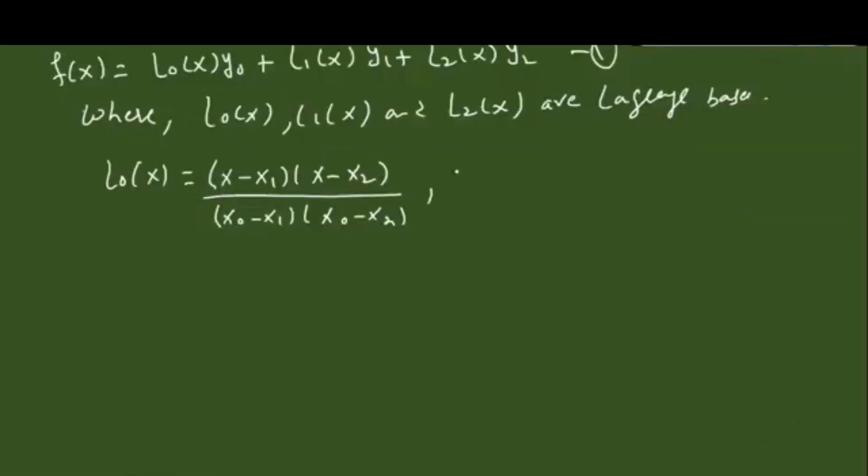Similarly, you have to define all the bases. So L1(x): L1 is associated with x1. This means there will be no x1 in the numerator, so whatever is left is this. And in the denominator, you subtract all the other points from x1.